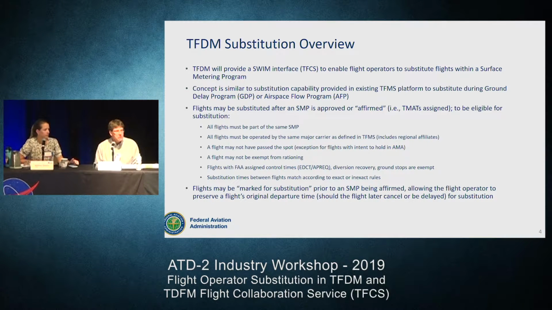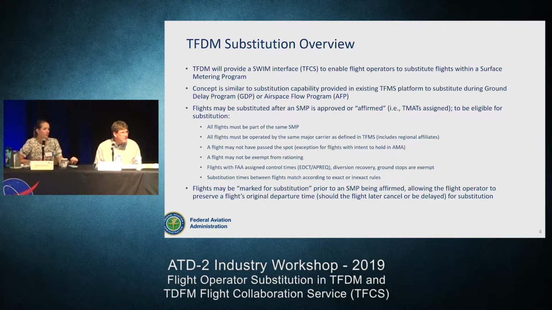So let's say we were metering to runway 36 and you were trying to swap it with an aircraft going to runway 27, and it will tell you because of the runway issue. It'll reject it and it will give you the reason why. Or if it was different SMPs, or if it was an aircraft that was rationed by the schedule.